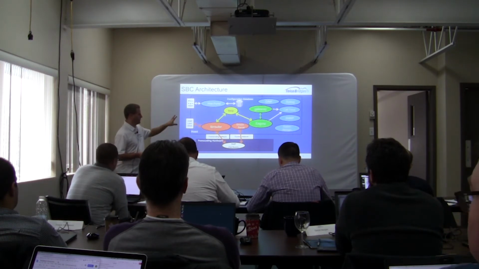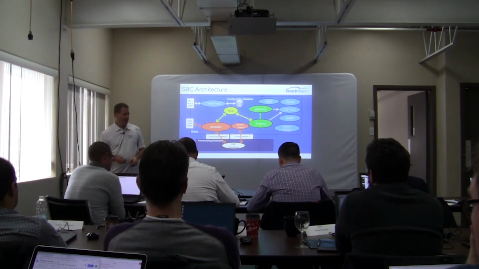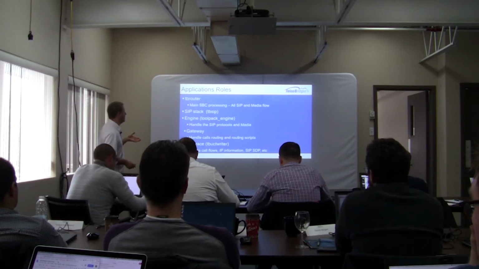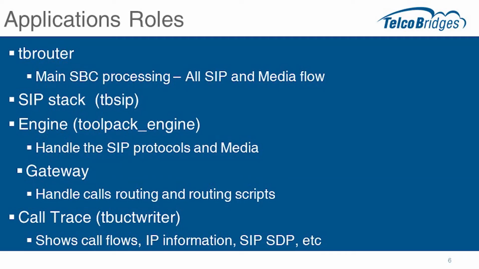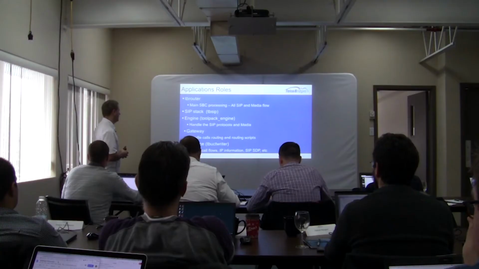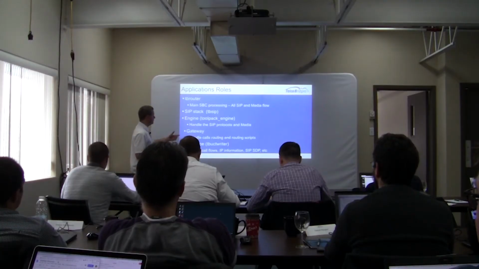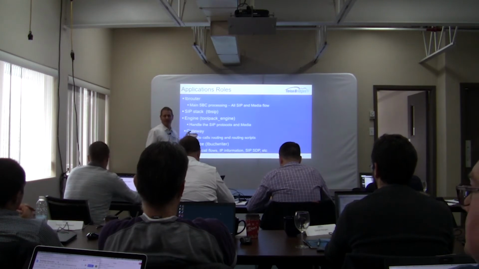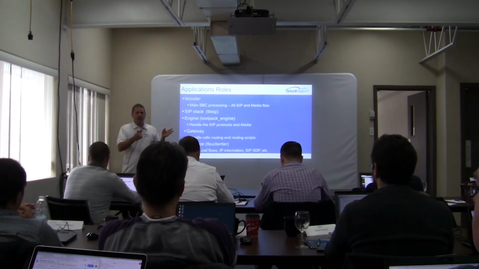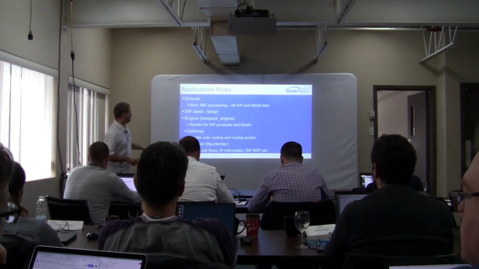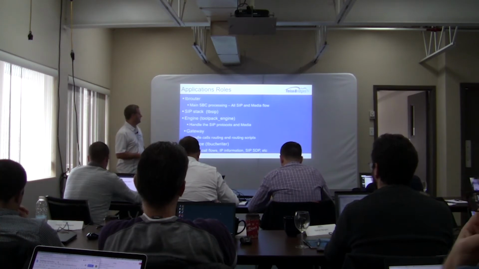So these are all the applications that you can see on the system. I made a list here of what they do in general, and this will help you if you are trying to debug something. For anything about call routing scripts, the gateway log is the one you'll have to look at. There is not much chance to find anything else in other logs.